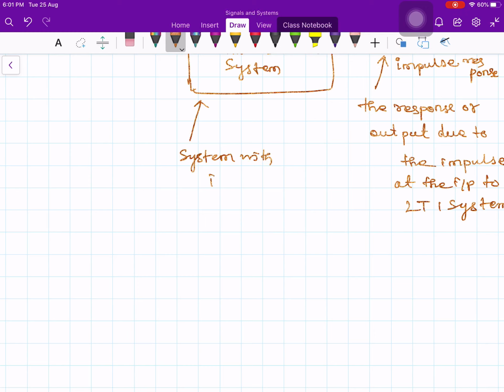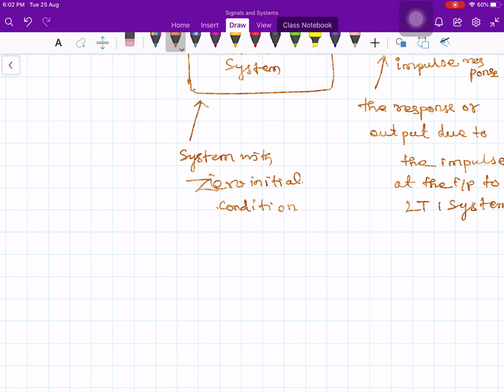Why? If it has some non-zero initial condition, then the linearity will be destroyed. That means assume that it has no initial conditions on the capacitors and inductors, that is, no stored charges in the capacitors and no stored flux in the inductors.